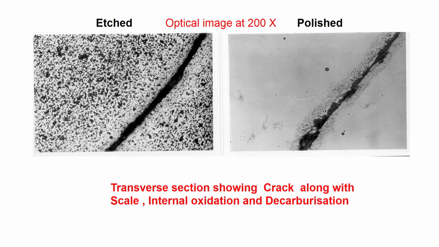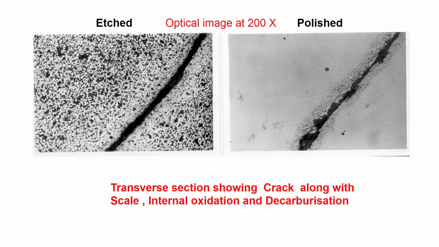Under polished condition, certain features are better understood, like inclusions. Normally you look at inclusions under polished condition, because they are better delineated and do not get confused with other microconstituents or microstructure which get revealed under etched condition.